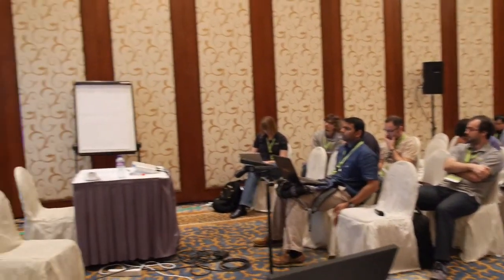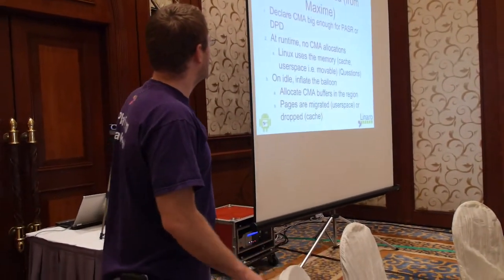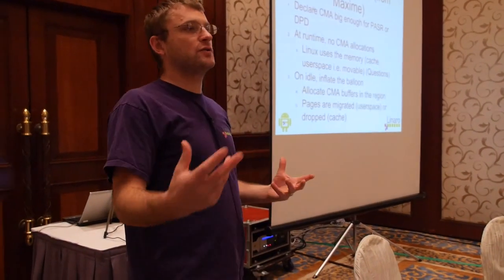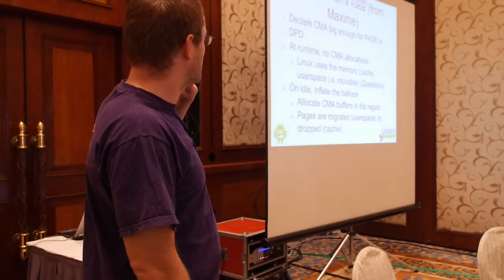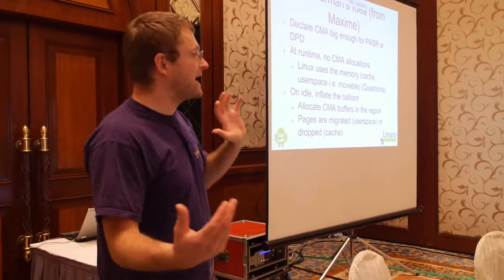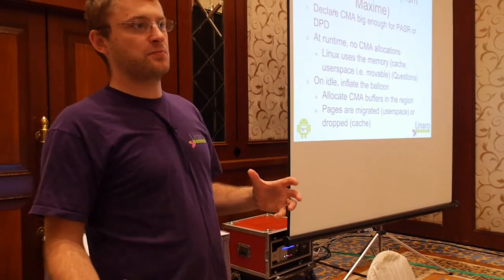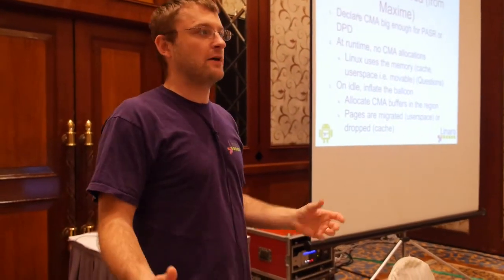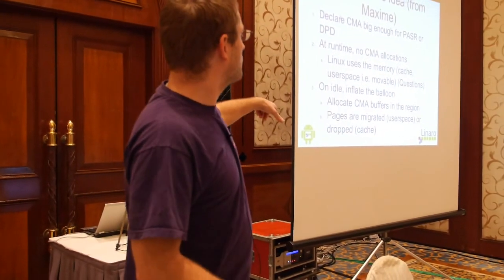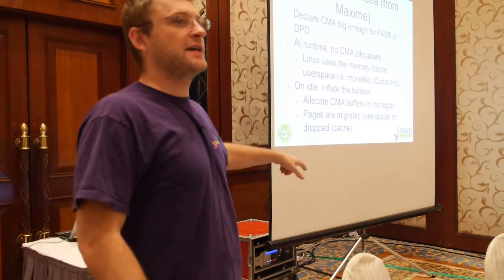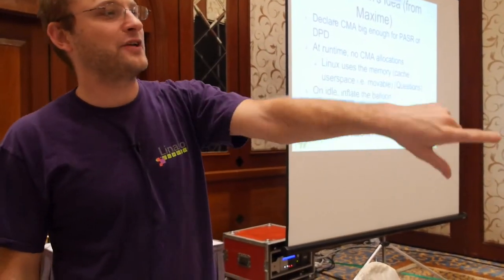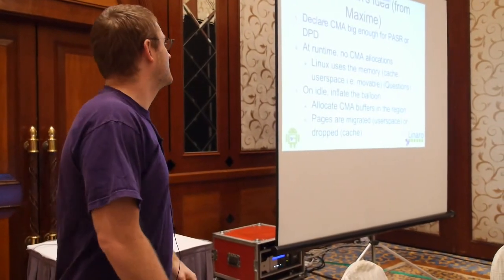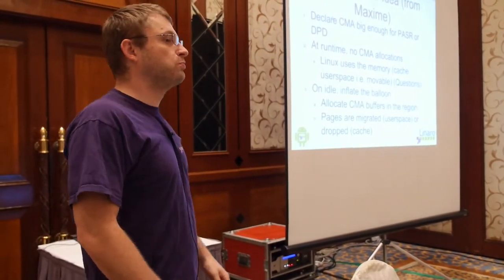Okay, so the idea is you declare a CMA, and at runtime you have no CMA allocations. Now, what's happening here is you're not actually using the camera at this point, and you're running full out. So the next step, on idle, or on need to launch an application that needs this, you blow the balloon up.